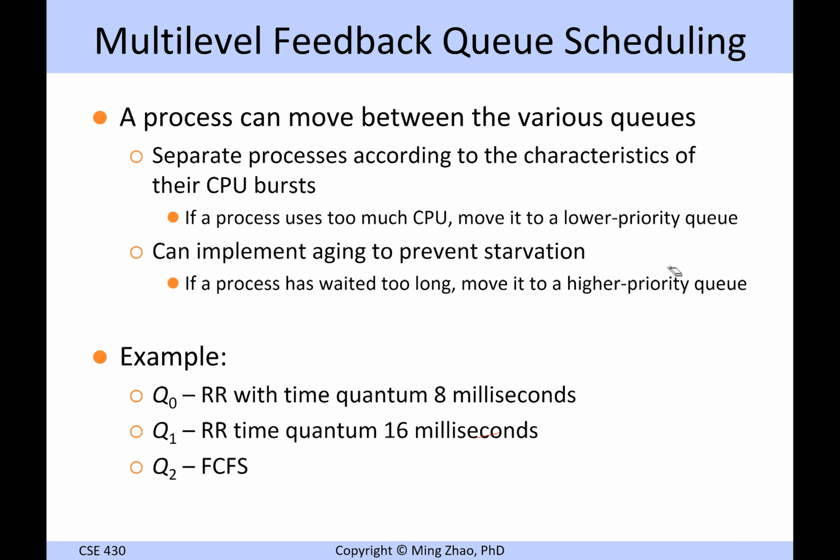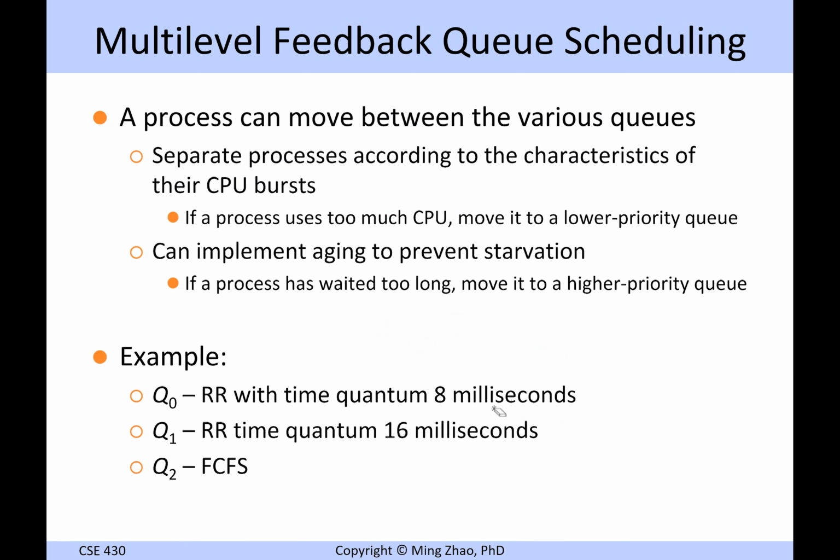Those are the processes that are executed in batch and do not require interactivity. Both Q0 and Q1 are for processes that require interactivity. The difference is that Q0 has a smaller time quantum, while Q1 has a bigger time quantum. So Q0 is for processes that require higher interactivity because the quantum is smaller.